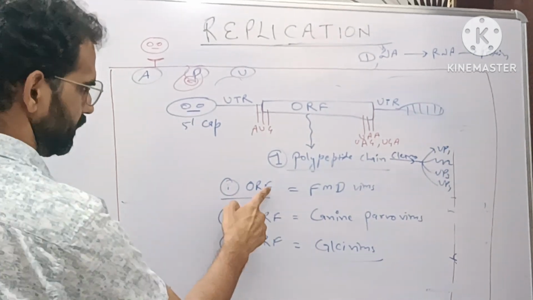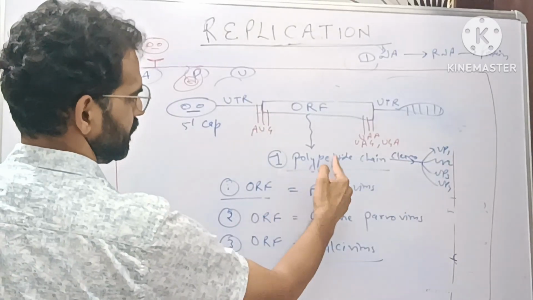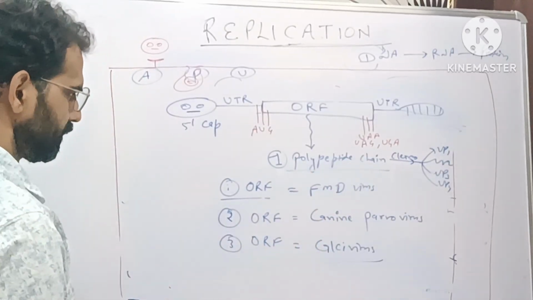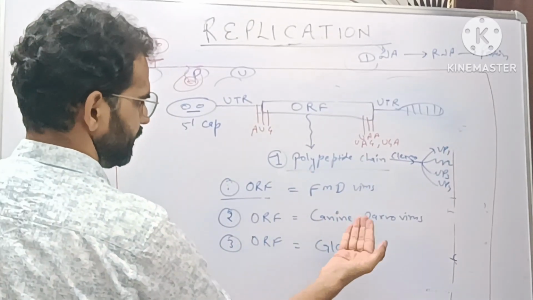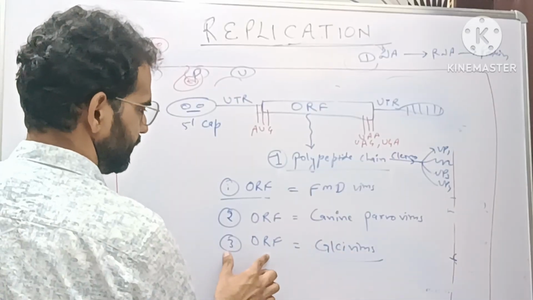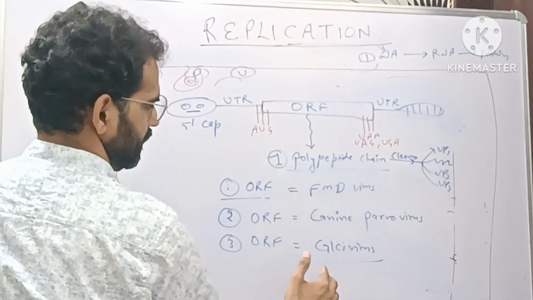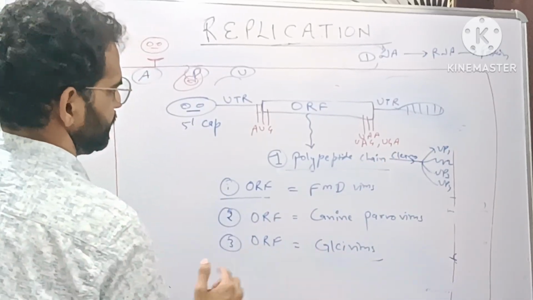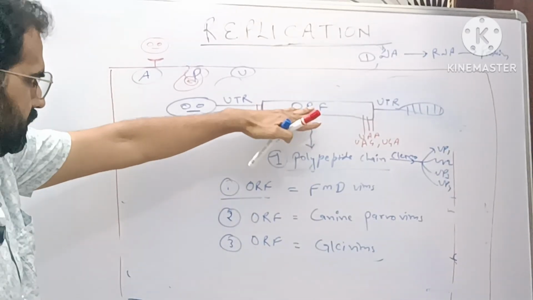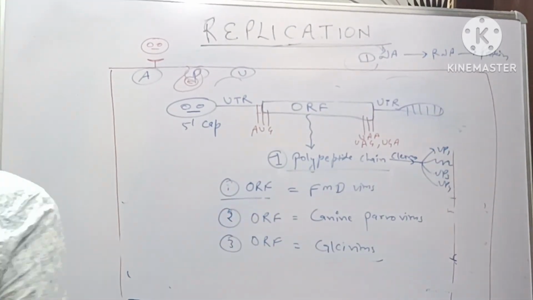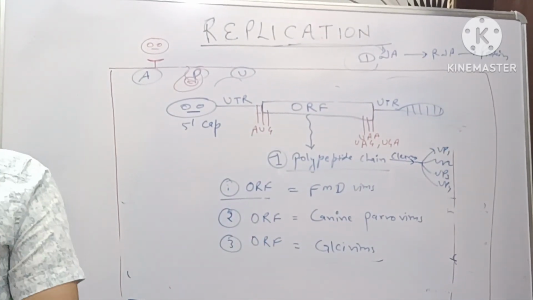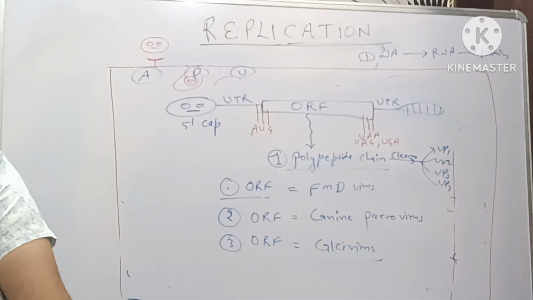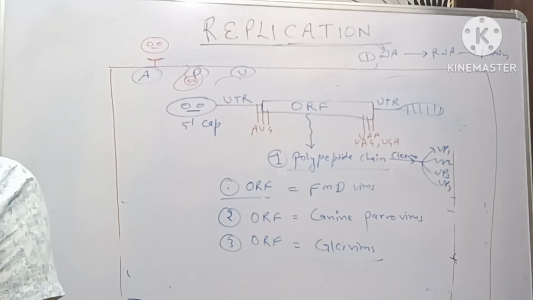More than one ORF will give rise to more than one polypeptide chain. With 3 ORFs, they may make 3, 4, 5 polypeptide chains which further undergo cleavage, as in calicivirus. So these are the ORFs, single or multiple open reading frames.